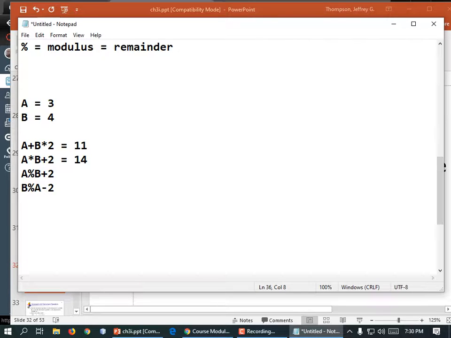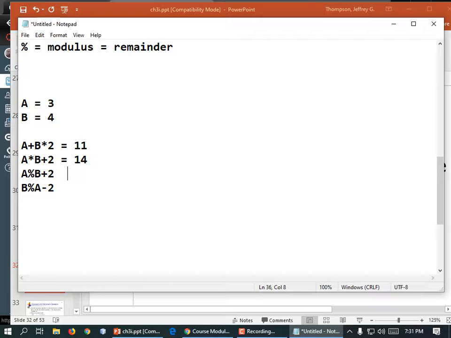How about this one? What is 3 modulus 4? 4 goes into 3 0 times with a remainder of? Okay, is it 5? All right, so if we have 3 here, and we're dividing 4 into it, 4 goes into 3 0 times with a remainder of? 3, right?